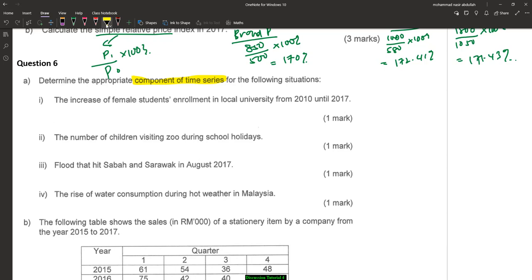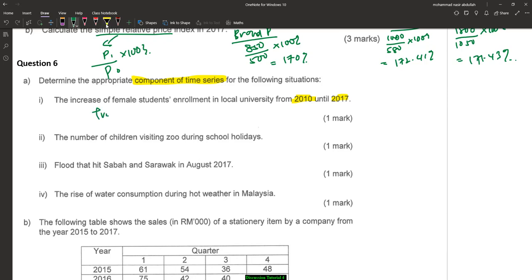So the increase of female student enrollment from year 2010 to 2017. What is this? Apa dia? Trend ke, seasonal ke, cyclical or irregular? Trend. It should be trend lah.